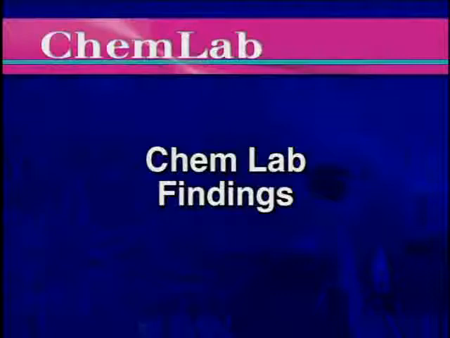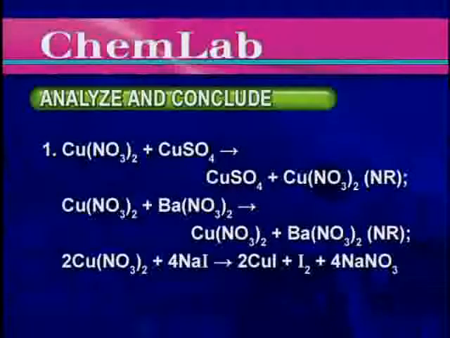ChemLab findings. Analyze and conclude. 1. CuNO3 plus CuSO4 yields CuSO4 plus CuNO3, NR.